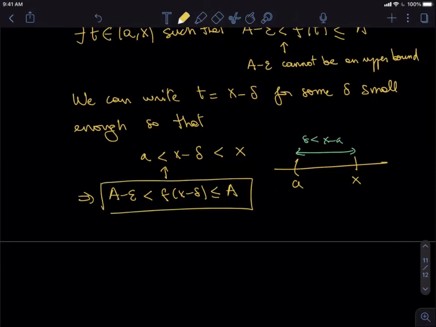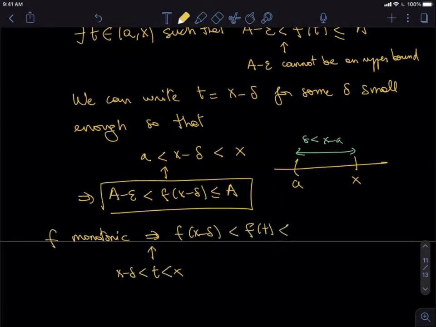But then we also have, because f is monotonic, another inequality that says that because X minus delta is less than t less than X, we have that f of X minus delta is less than f of t less than f of X. And of course, this is less or equal than A. So let's keep these two in mind.